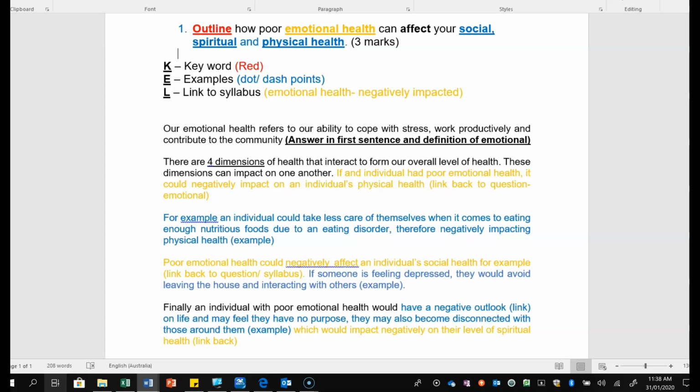After this, you are then stating that there are 4 dimensions of health. Again, you're showing the examiner that you know that these fall under the dash point dimensions of health, which are emotional, social, spiritual, and physical health. So I've put: there are 4 dimensions of health that interact to form our overall level of health. Remember, in our notes, we state that they all impact each other, and this is what the question is based on.